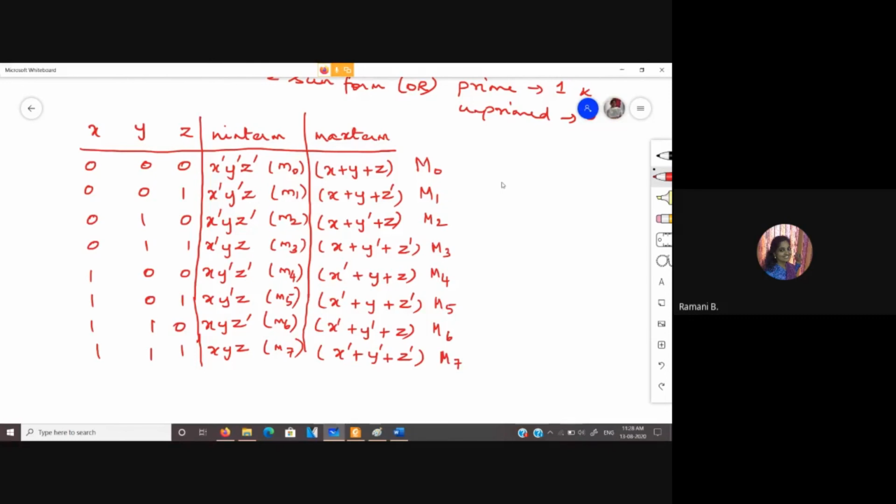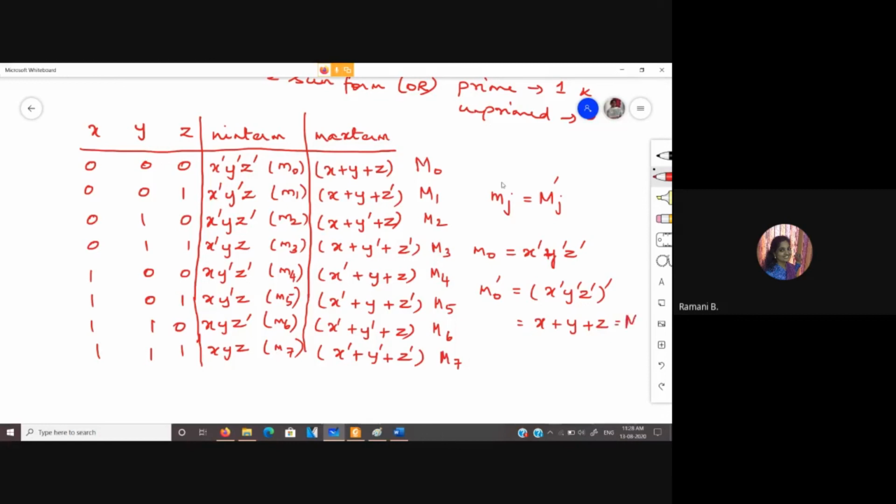What you can observe here is that the min term is the complement of the max term, or vice versa. That is, you have m0 as x bar, y bar, z bar. The complement of this, m0 bar, is x bar y bar z bar, the whole bar, which is nothing but x plus y plus z.